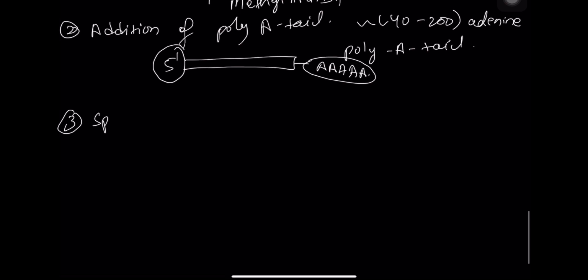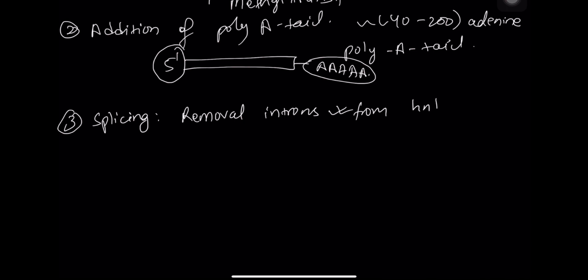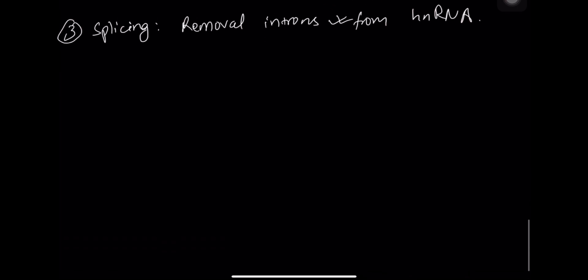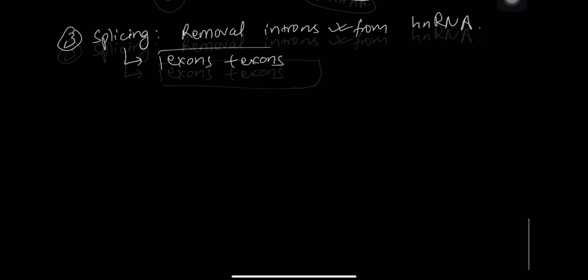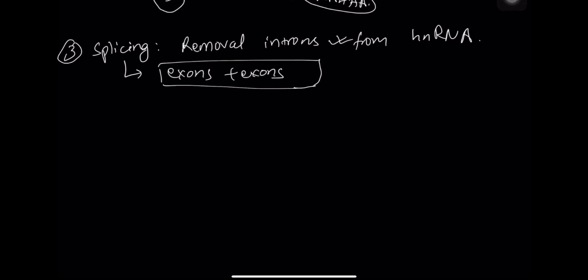Third one is splicing. Splicing is the removal of introns, because we have already discussed that these introns do not code for proteins. So it is the removal of introns from hnRNA, which helps to rejoin the exons only. Let's discuss the process of splicing.